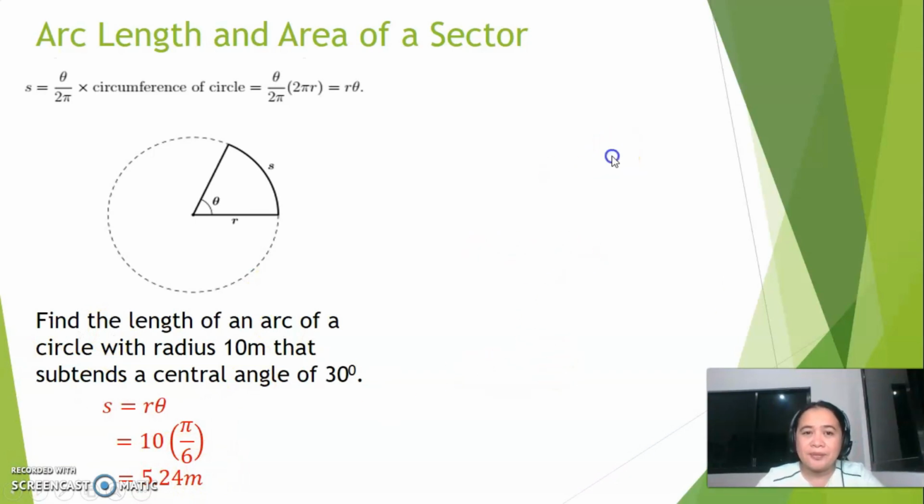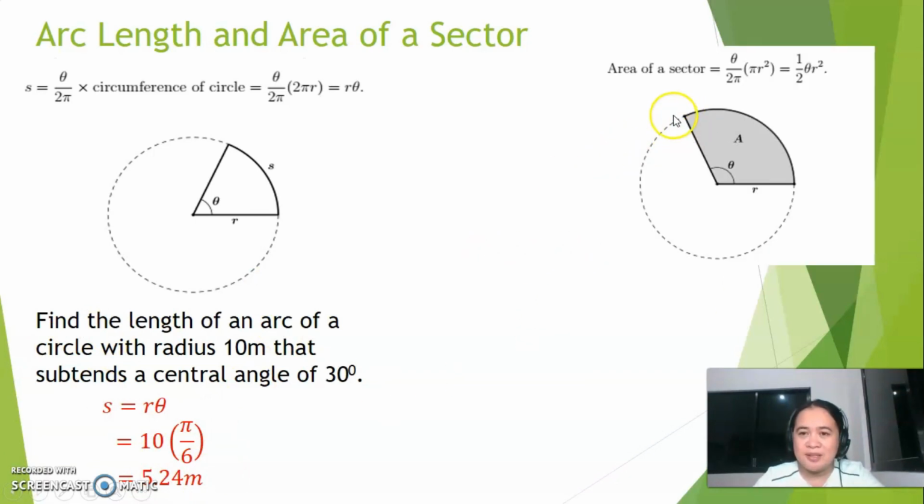Okay, another. Area of a circle, or of a sector. Given this is our central angle, our radius is r, and the shaded part here is the sector. To find the area of the sector, that would be theta, the angle, over 2 pi, which is one complete rotation.